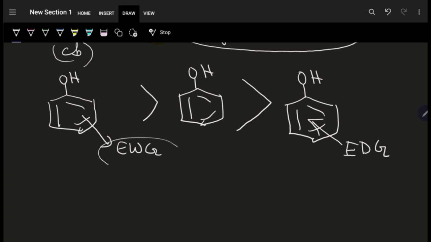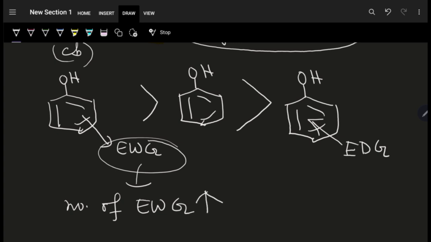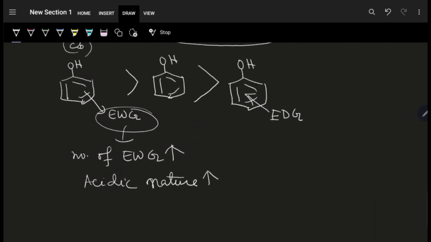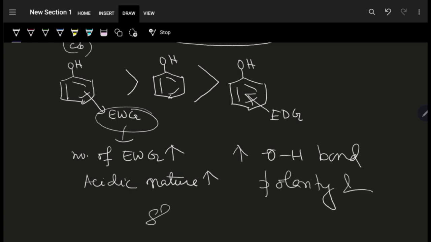Now, if the number of electron withdrawing groups increases, then the acidic nature also increases due to greater OH bond polarity and stability of the conjugate base.